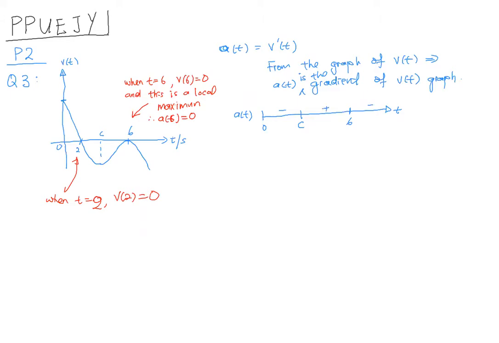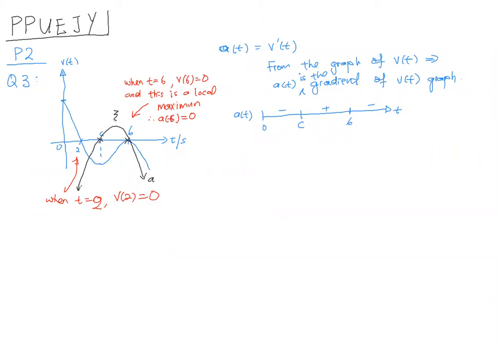Okay. So if you have a sign diagram like that, and you want to draw the graph, you know that your AT graph will pass through C and will pass through 6. And it is above. So the only way it can go is like that.